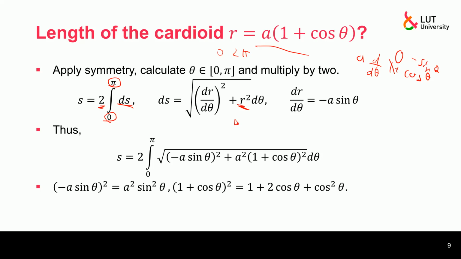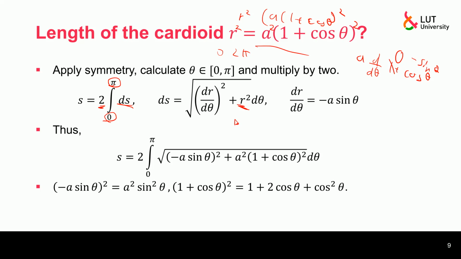Let's plug it in on the formula. So under the square root, minus a sine theta squared, plus a squared, so when we have r twice, we get a times 1 plus cosine theta twice, so that is a squared.